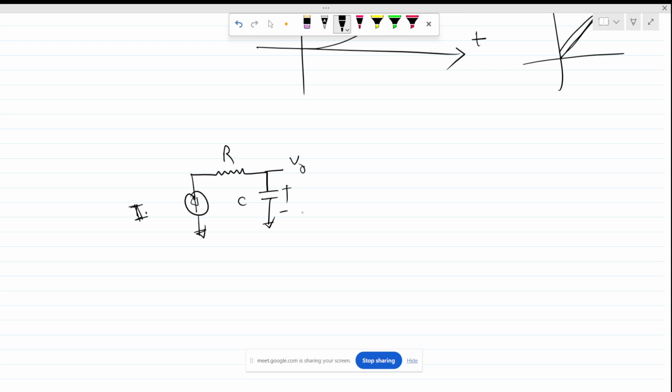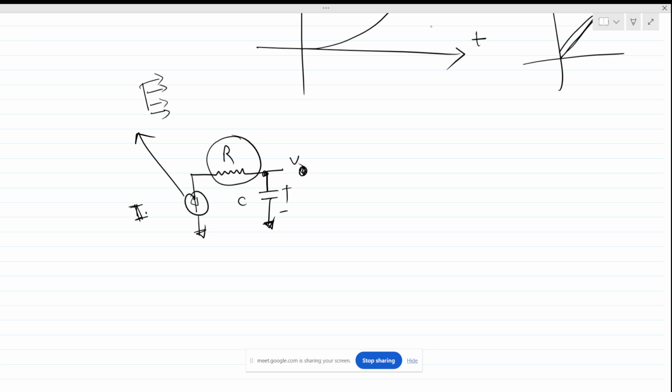We have analyzed the current in 4 cases. Now my question is, what will be the changes at this V out node, with respect to the previous case where there was no R? Can anyone comment on what will be the changes at this V out node?